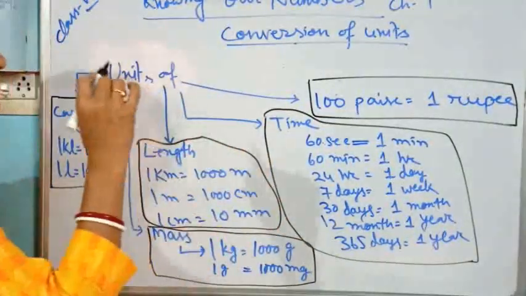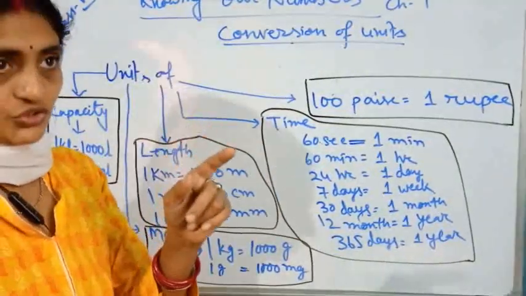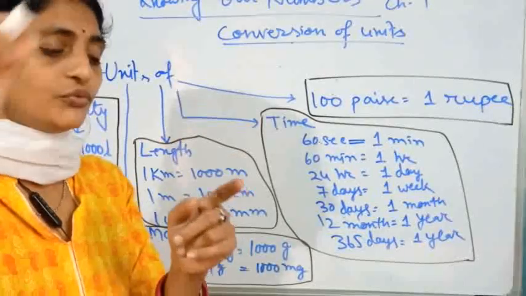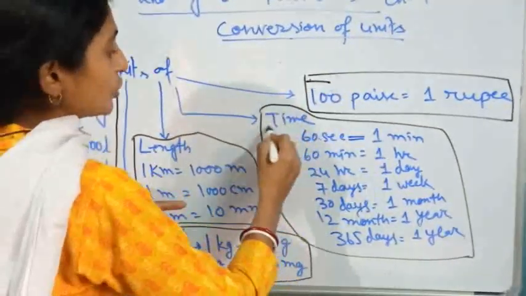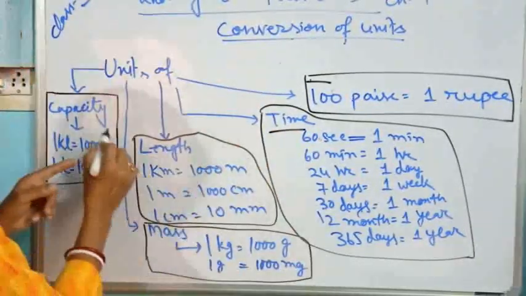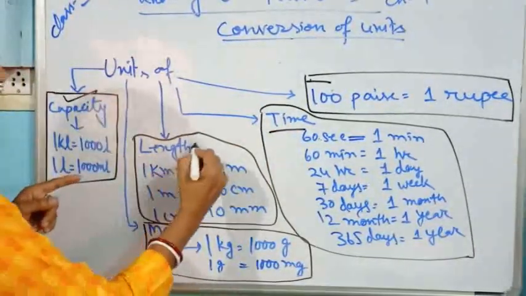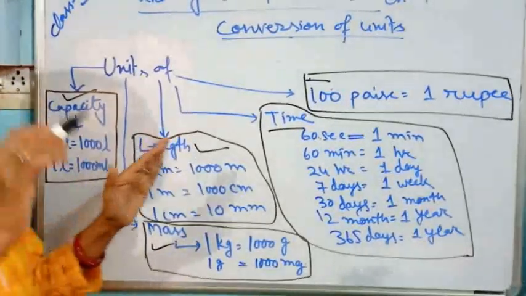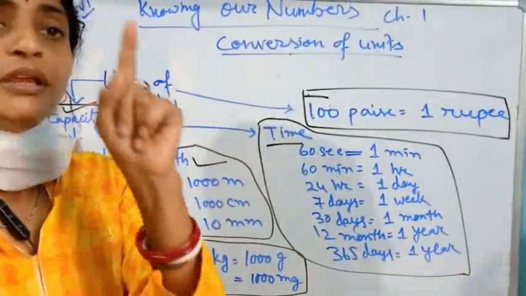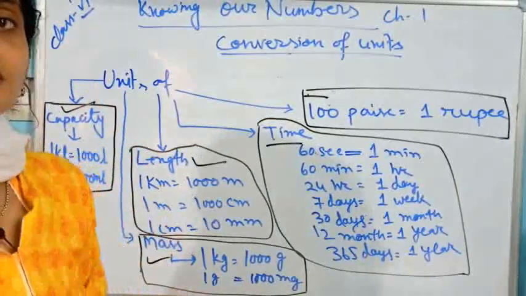If I am arranging all these units for measurement, I am not talking about paisa or time, I am just talking about capacity, length and mass. These three things, how you can put them in the simplest way.